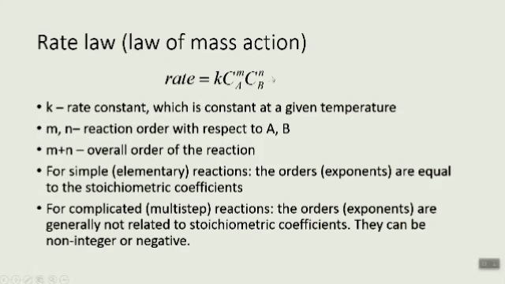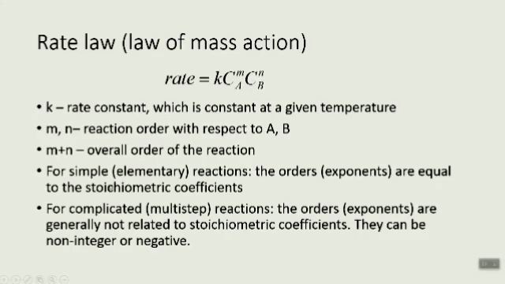The rate law states that the rate of reaction is proportional to the concentration of the reactants raised to some exponents m and n. The k is the rate constant, which is constant at a given temperature. The exponents m and n are the reaction orders with respect to A and B. M plus n is the overall order of the reaction.